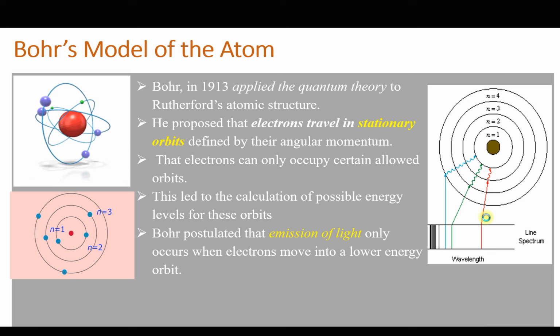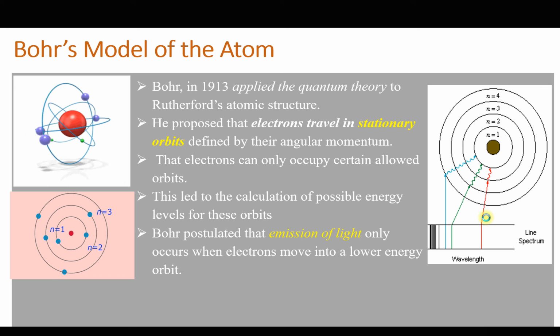Then Niels Bohr simply explained why electrons do not collapse into the nucleus, and he proposed that electrons only travel around the nucleus in certain allowed orbits that we are now calling stationary states. While in these orbits, the electrons do not give out energy.